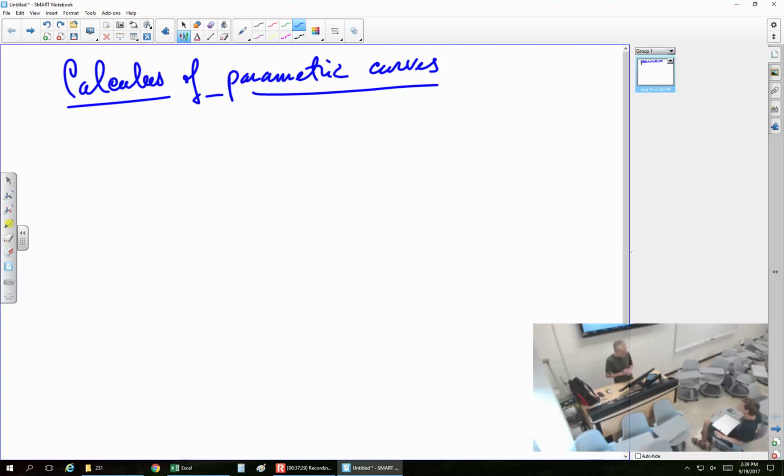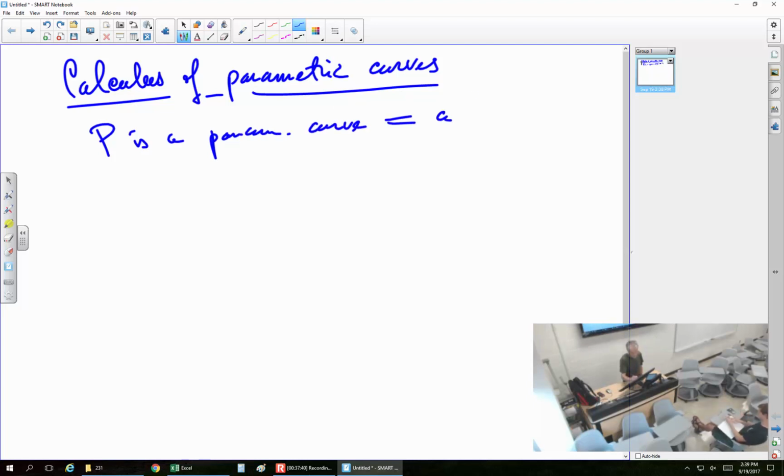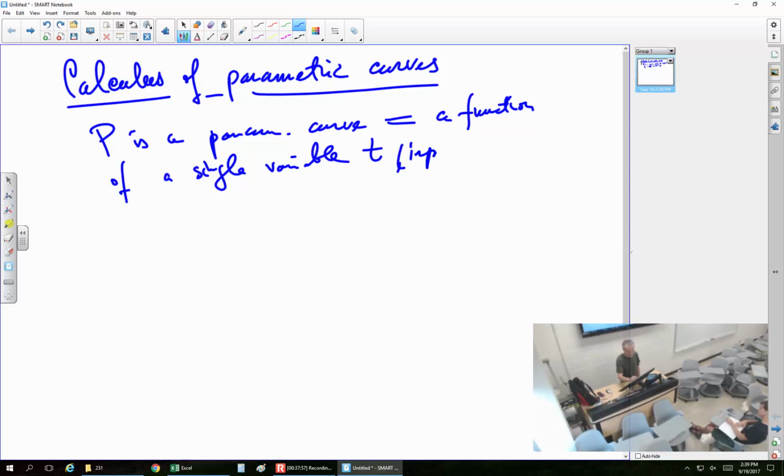So, starting with, let me write what a parametric curve is, just in case. P is a parametric curve means that it is a function of a single variable, the variable meaning the input, and the output is a vector, a point, or vector variable.